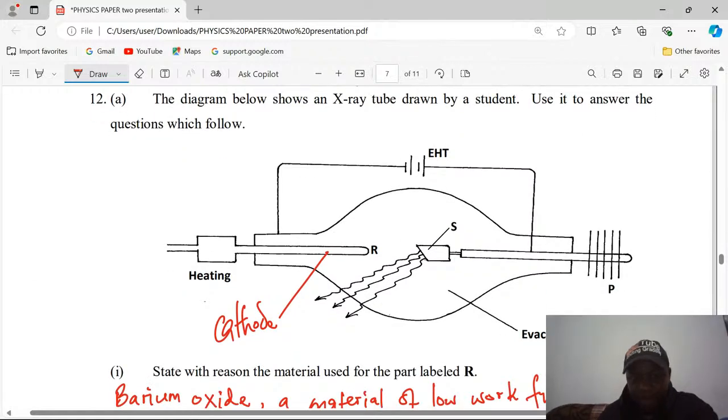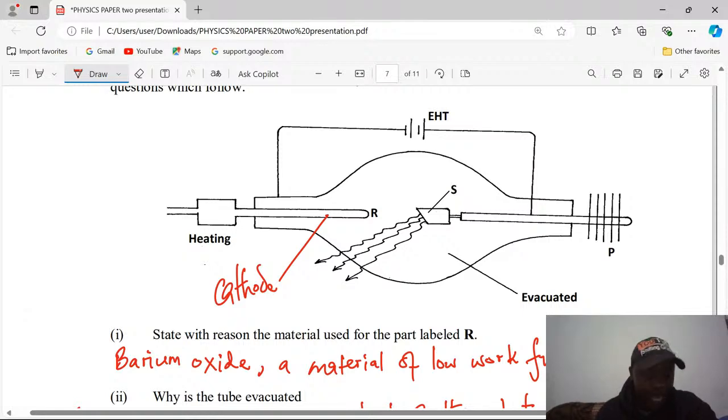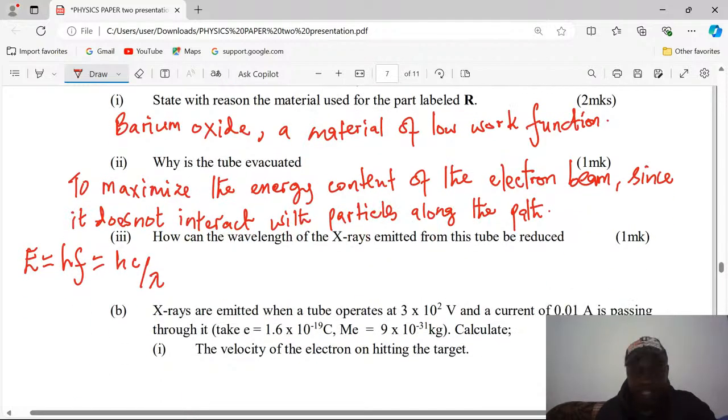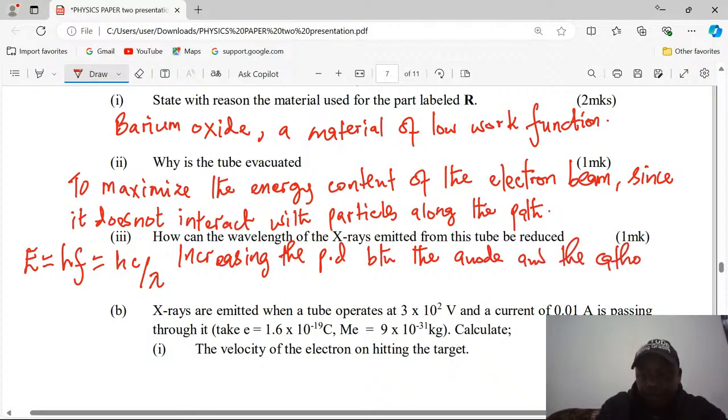And this is going to be increasing the potential difference between the anode, the copper anode, and the cathode.